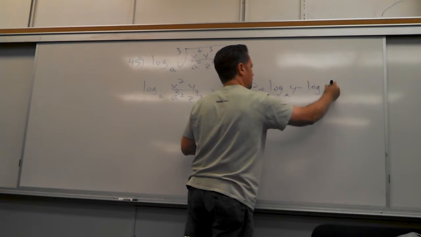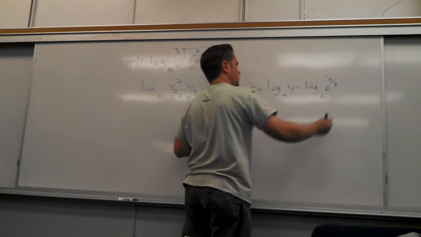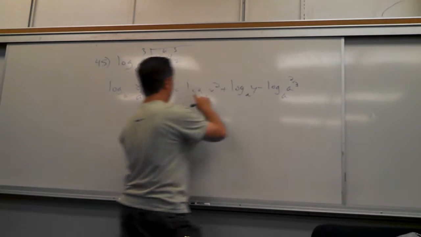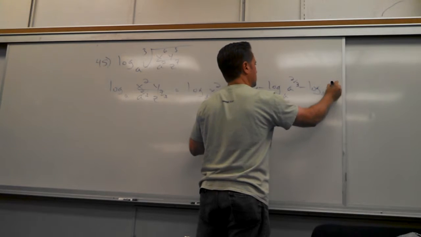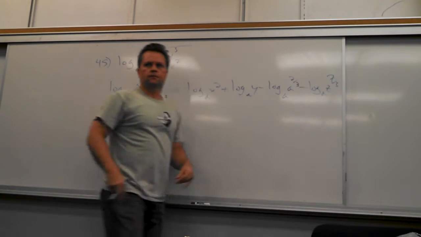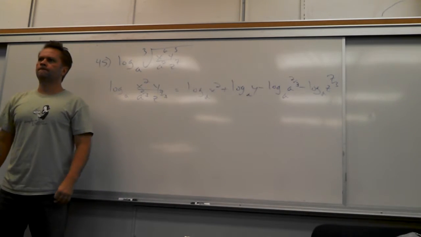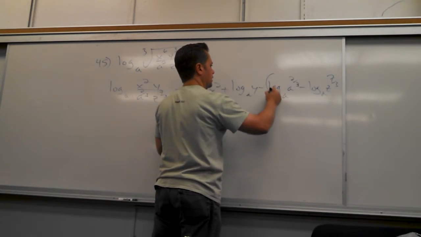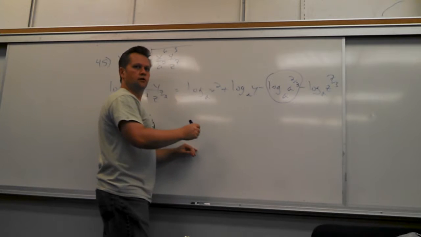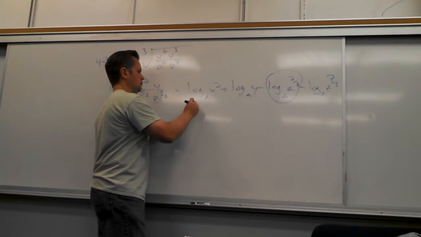Too many a's. And then, what about for this one? Minus log of z to the 7/3. And now you move the powers, right? I can move the powers down. This is the only one that really plays nicely with its stuff. The 2 can come down.